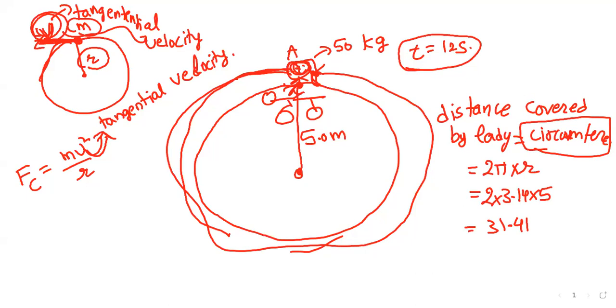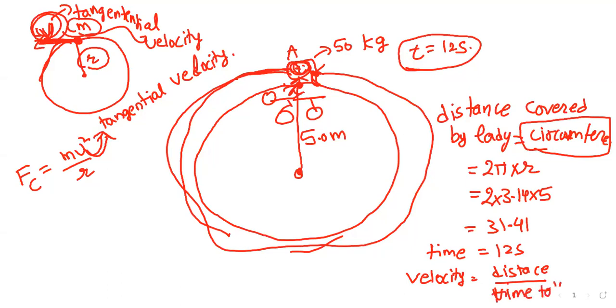Now what's the time taken? The time is 12 seconds. Now we know that the velocity is given by distance traveled upon time taken, right? Now the distance traveled is 31.41 and the time taken is 12 seconds.